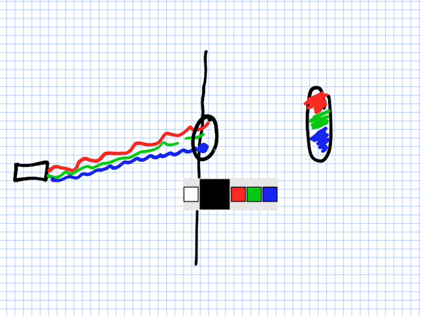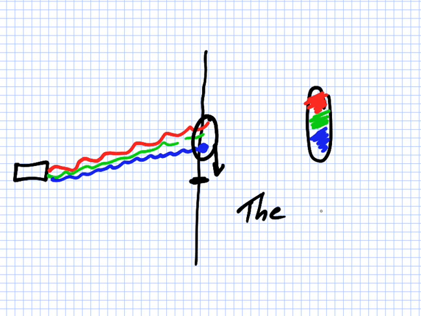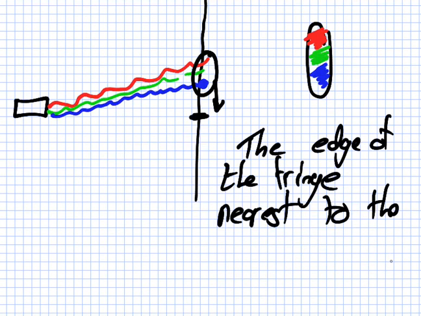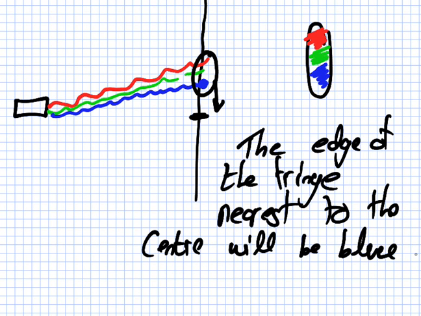So the edge of the fringe nearest to the centre will be blue, and the edge furthest from the centre will be red in colour.